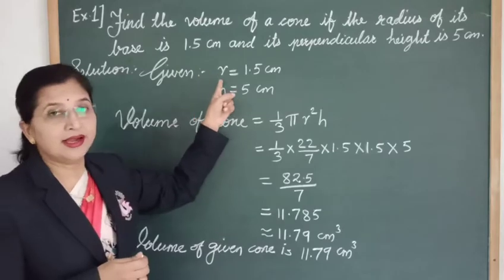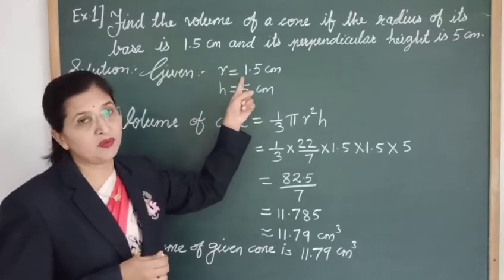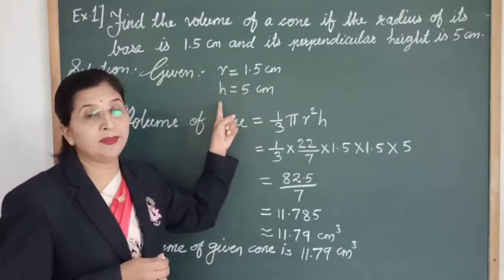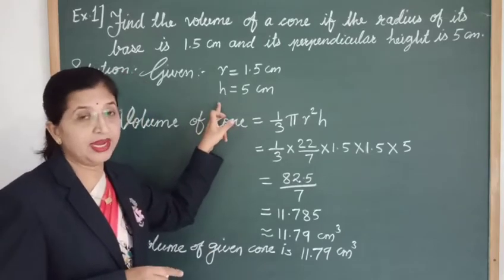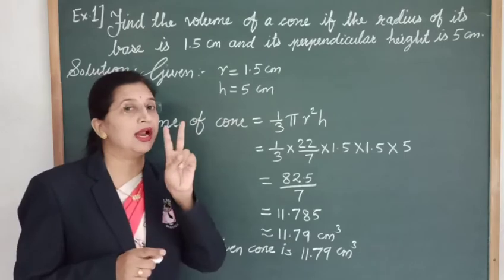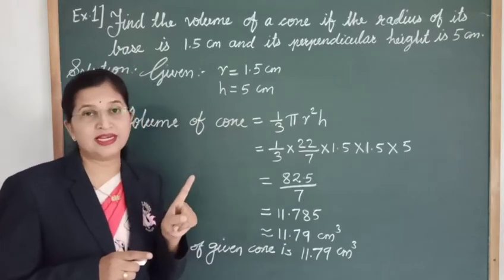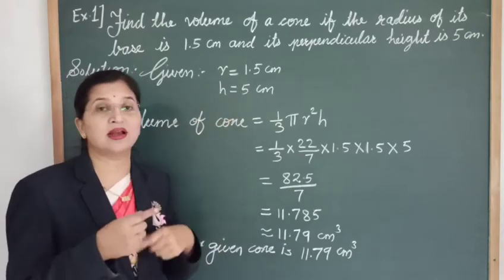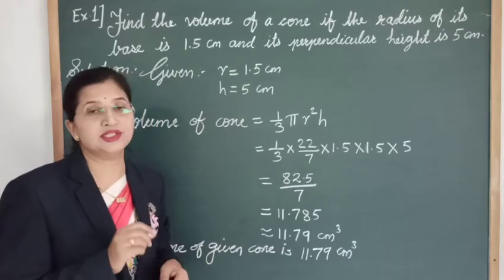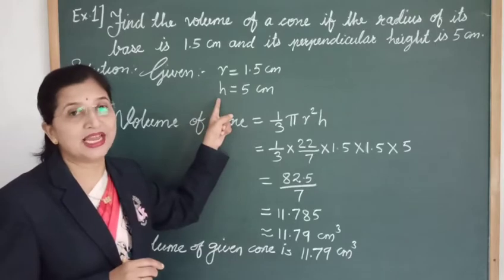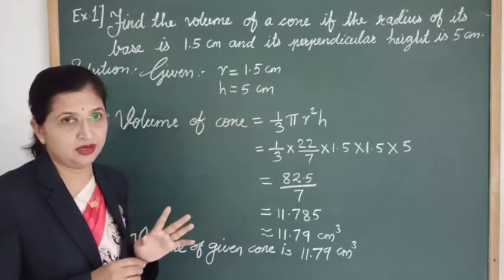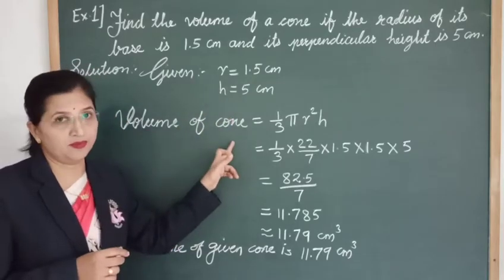Here the radius r is given as 1.5 centimeter, and the perpendicular height h is given as 5 cm. In the case of a cone there are two heights: one is the perpendicular height denoted by h and another is the slant height denoted by L. Let's find the volume of the cone.